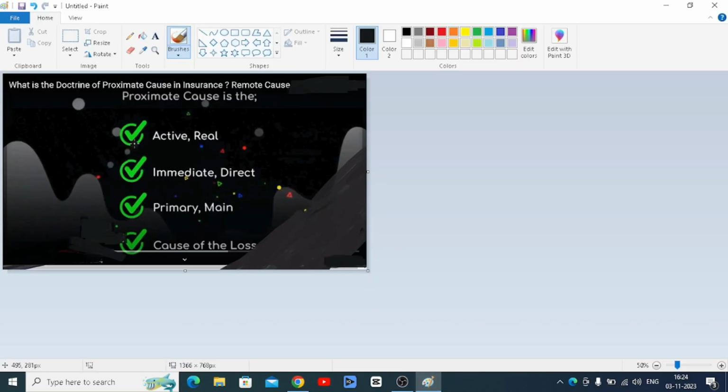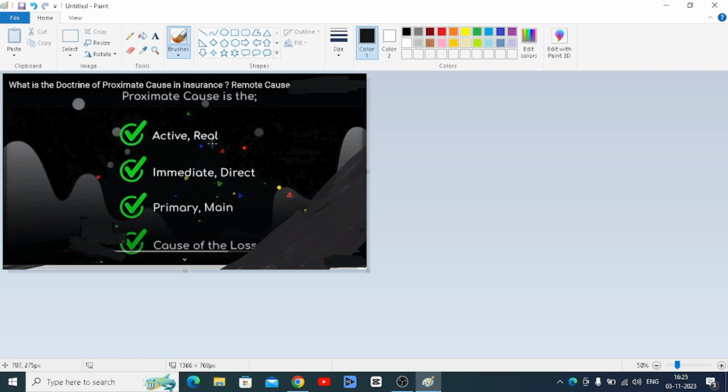says that the insurance company is liable to pay only if the peril covered is the proximate cause. What is the meaning of proximate cause? It means it should be active, it should be real.